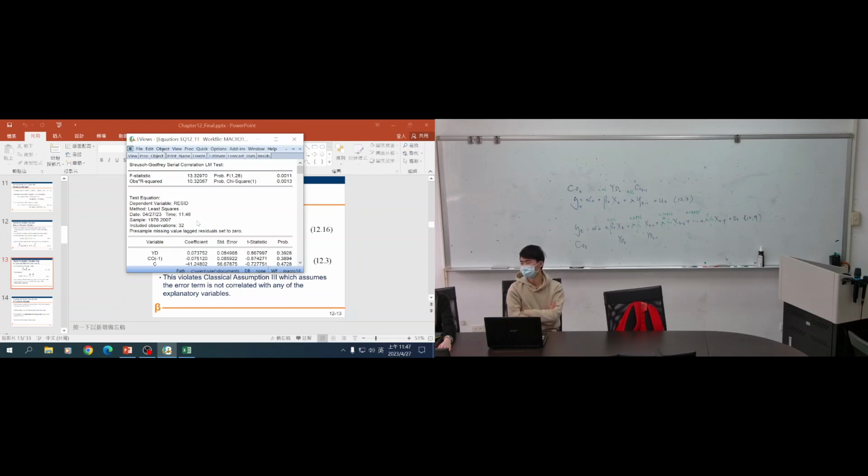The result in our textbook uses a different program called Stata. Stata is recently popular in business research. We don't have the Stata program.